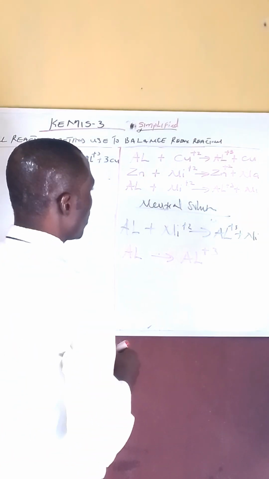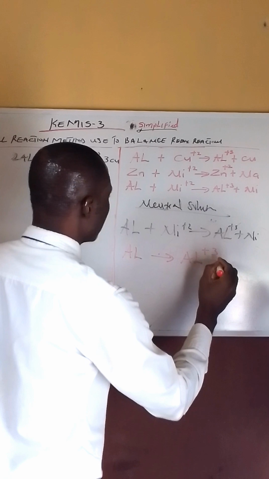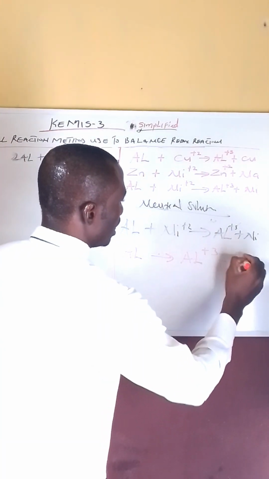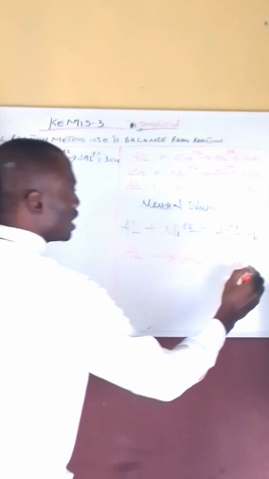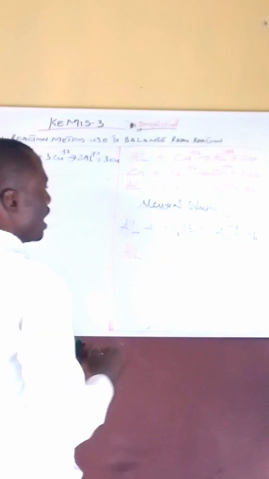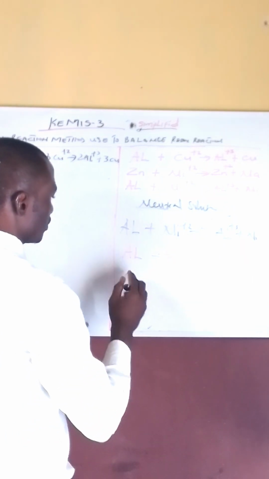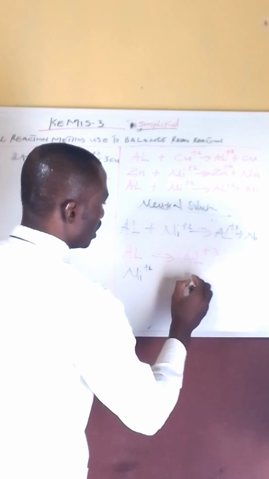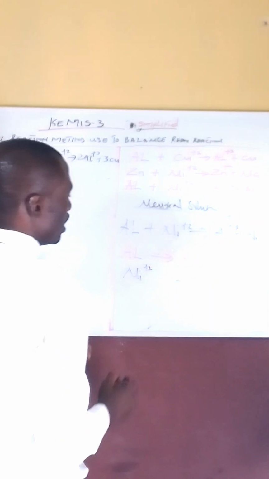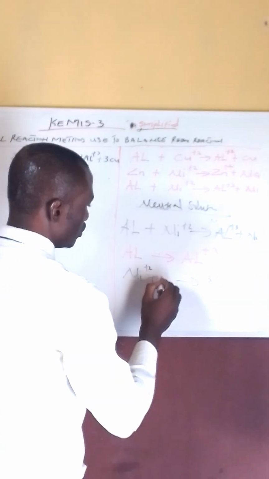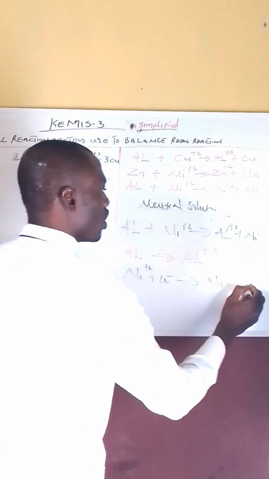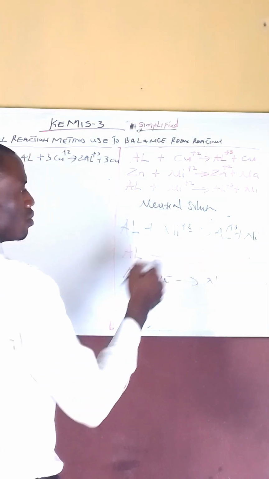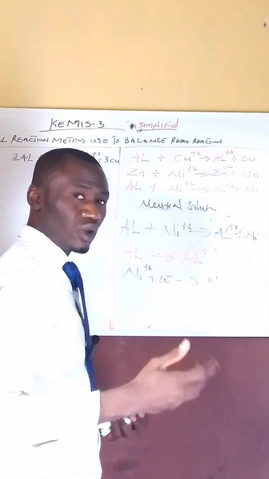Aluminium gives an aluminium plus 3. And then if I add 3 electrons here, okay, let's call this equation 1. And then nickel plus 2 gives nickel. If I add 2 electrons here, you see, we call this equation 2. It will balance out. I hope you're following the steps.